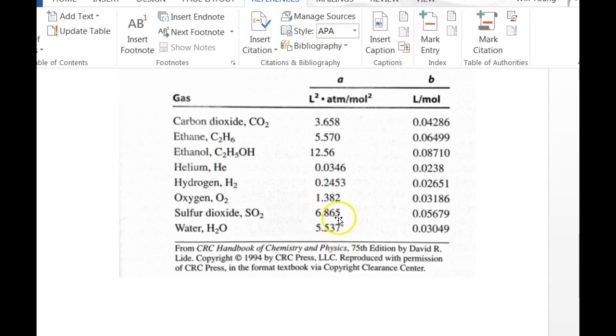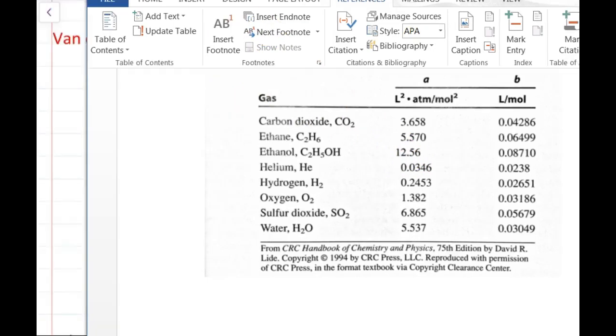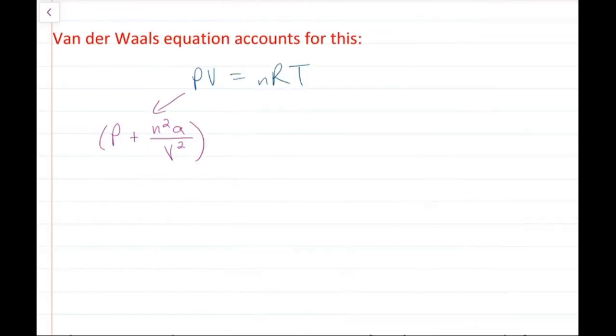Sulfur dioxide doesn't have hydrogen bonding, but sulfur dioxide molecules are pretty attracted to each other. So that's what a accounts for, the attraction between molecules. The bigger the number, the more attractive those molecules are to each other, and the more you're going to deviate from the ideal gas situation.